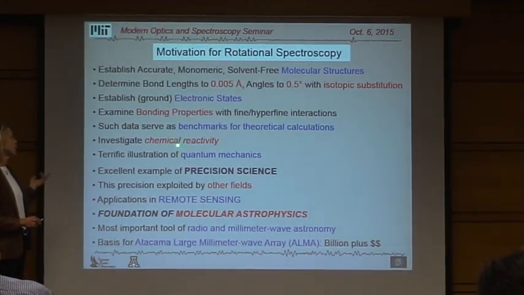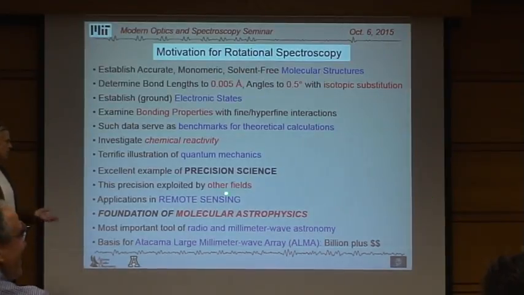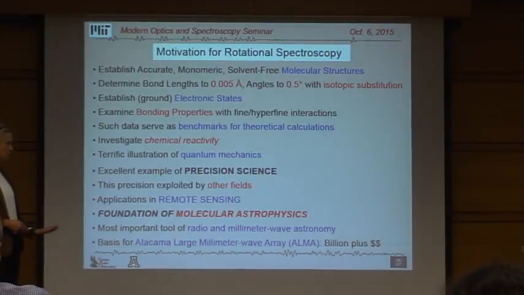Rotational spectroscopy also allows you to investigate chemical reactivity in several different ways. It's a beautiful illustration of quantum mechanics. And it's another excellent example of what I call precision science. These days there are a lot of measurements that are not reproducible, and the nice thing about rotational spectroscopy, if you do it right, is that it gives you precise measurements that can be duplicated by other people.